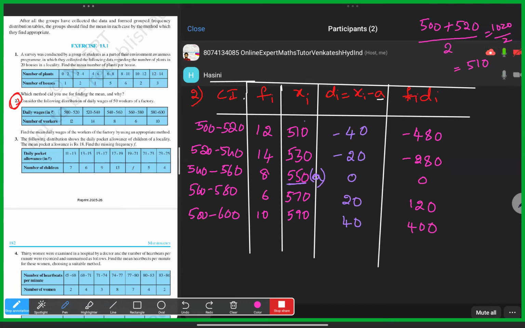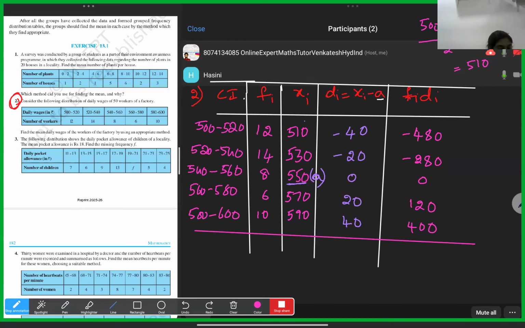Now you can see, Hasni, what is the advantage of this for us. The next thing we will do is sigma fi and sigma fi di. First, sigma fi: if I add the frequency values, how much will I get, Hasni? 50.